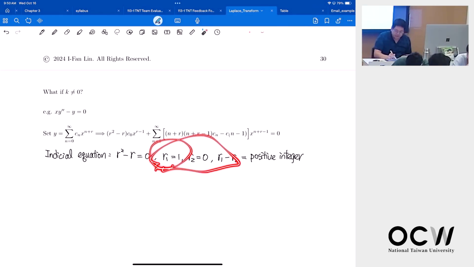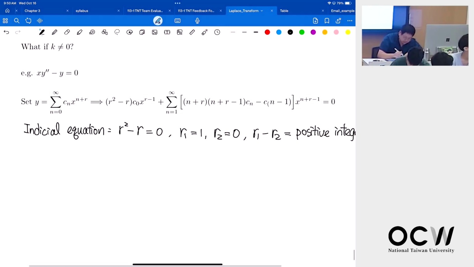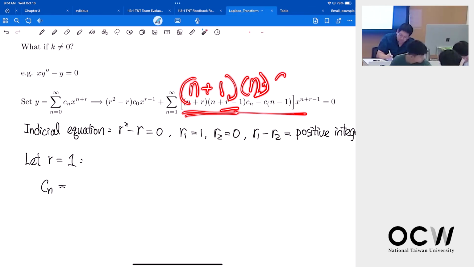First, r1 is 1. Let's see the relations between those coefficients. When r equals 1, I have Cn, because when r equals 1 here, n plus 1, I have n plus n Cn equals, wow, I didn't notice that.